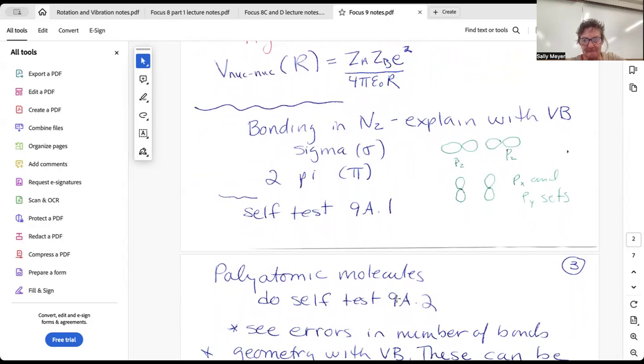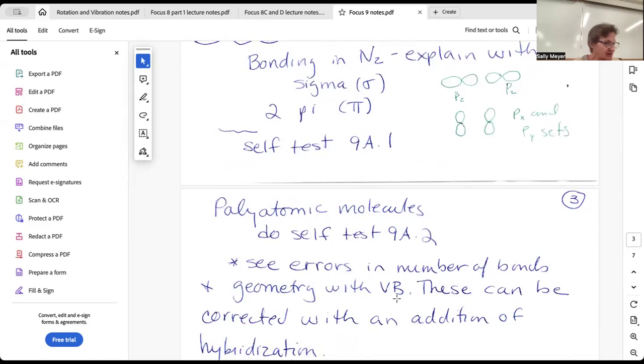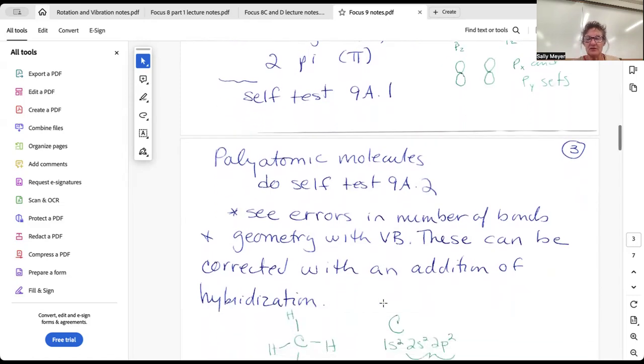When we're talking about polyatomic molecules, you can do exactly the same thing. And so stop and do self-test 9A.2, where you look at using valence bond theory and what orbitals would overlap to make NH3, the ammonia molecule. And so after you've done that problem, you'll notice there are two errors that are common in valence bond theory.